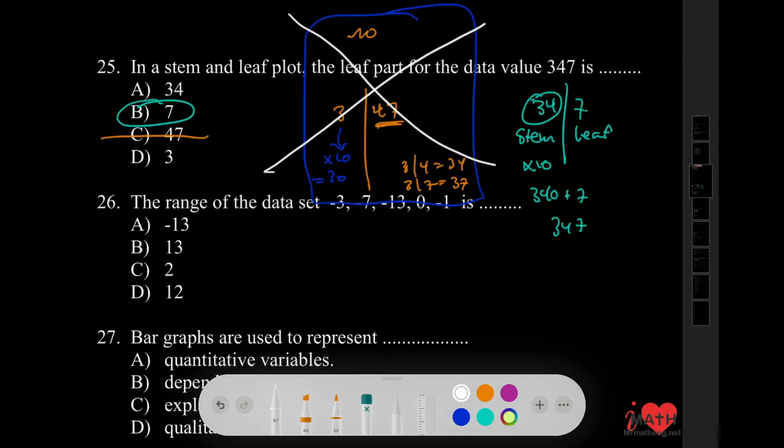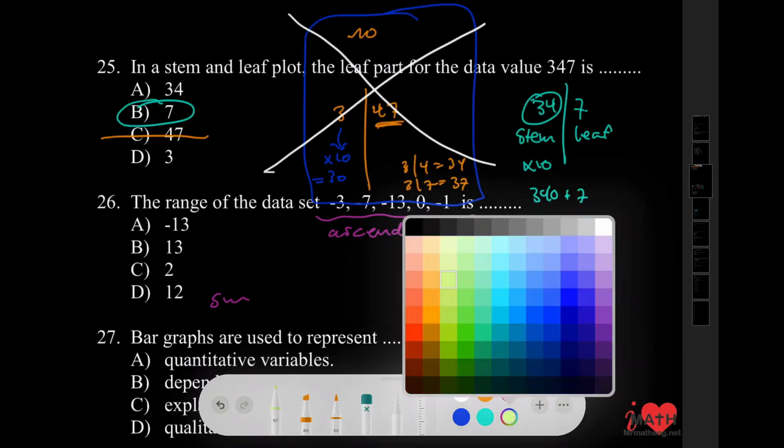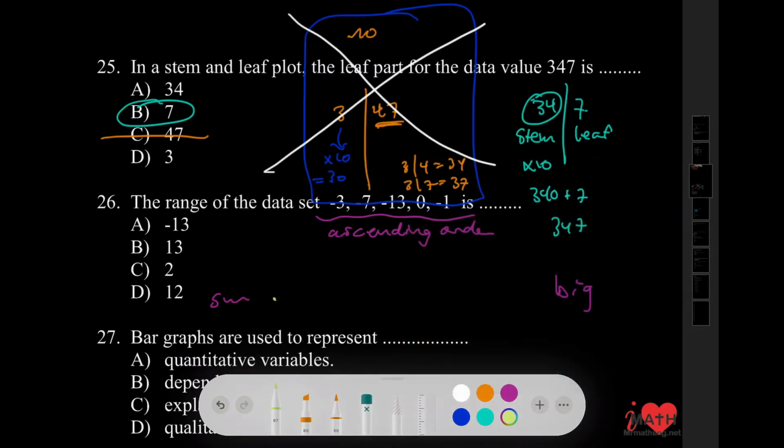All right, number 26. What is the range of my data? Remember, you're going to have to put this in ascending order. What does that mean? Small to big. Let's do that. So negative 13, negative 3, negative 1.